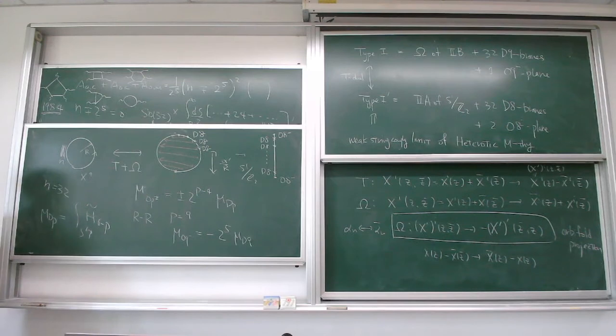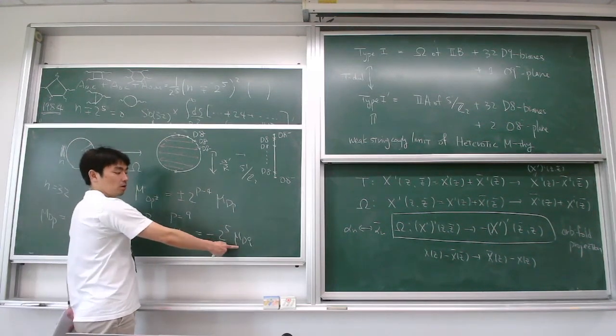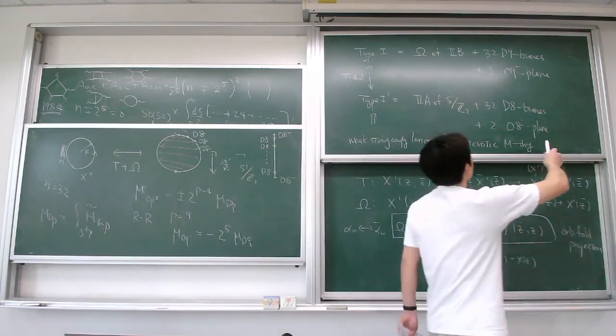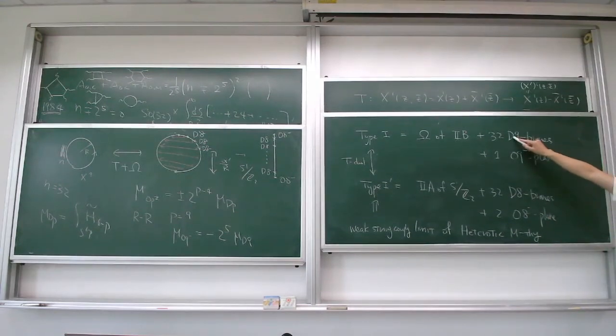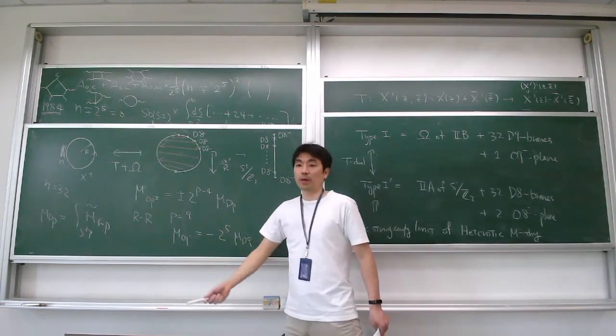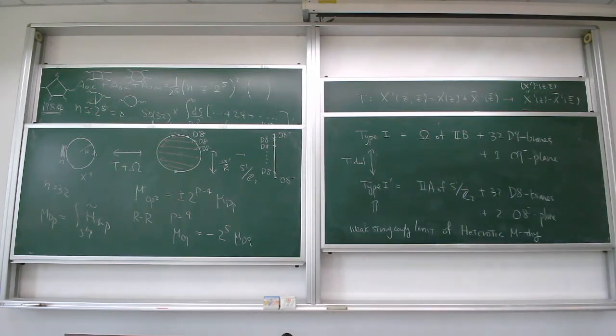So therefore, the Ramond charge of the 32 D9 branes cancels with the Ramond charge of the O9 plane.